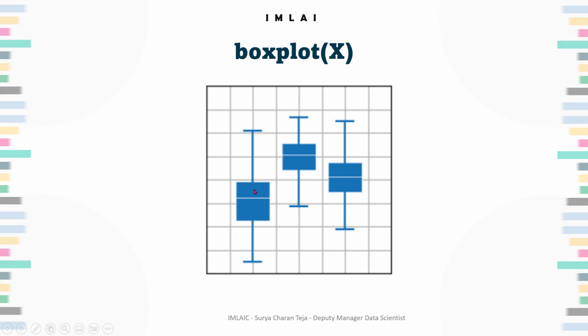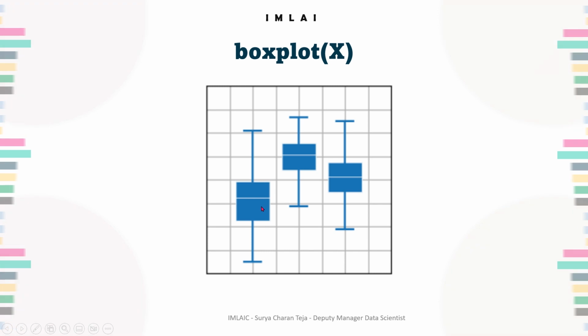Then in between you will have three quartiles. The first one is the median quartile. This is at the center, the middle number in a range of numbers. Then you will have the second quartile, the value below which the lower 25% of the data are contained.